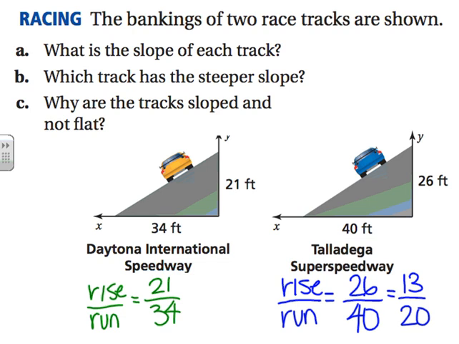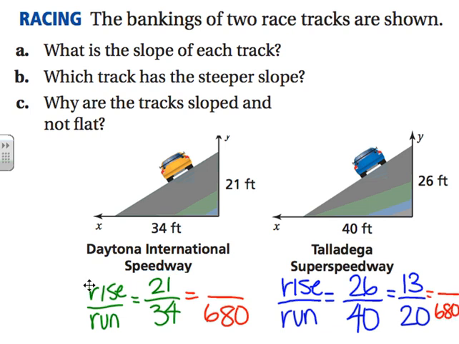Okay, to find the steeper slope, we either need to change them both into decimals or get common denominators or do something so that we can compare these two numbers. A common multiple of 34 and 20, we could use, let's use 680 because they'll both go into 680. So equals something out of 680 equals something out of 680.